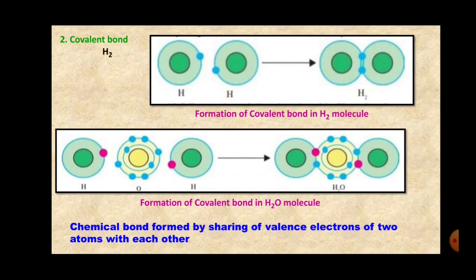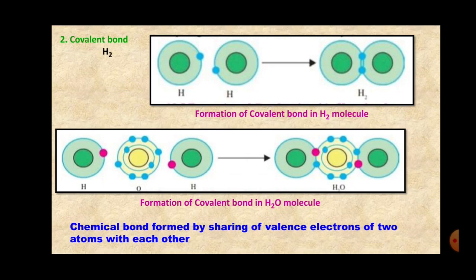where hydrogen and oxygen combine and form a molecule of water. Now the water molecule is H2O, that means two atoms of hydrogen and one atom of oxygen. Now oxygen has atomic number 8, so its electronic configuration comes to 2 and 6. It has 2 electrons in the first orbit and 6 electrons in the outermost orbit. Hydrogen has just 1 electron.